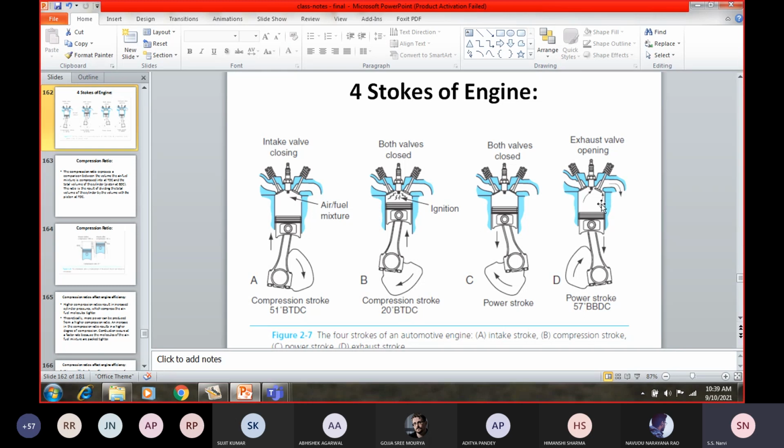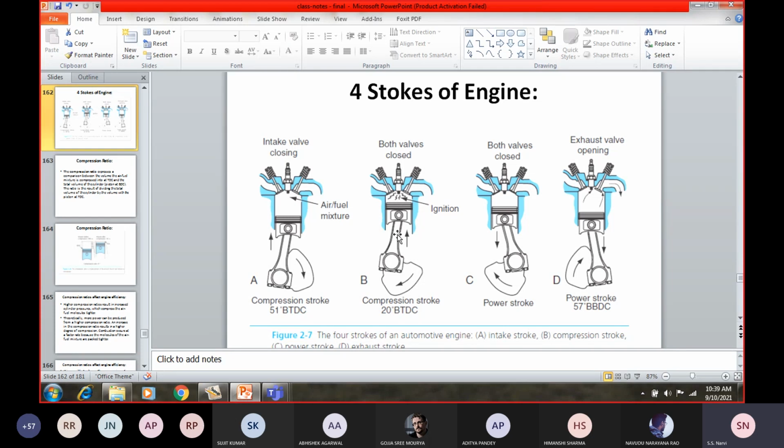The first cycle is completed, and then in the second cycle, whatever unburned fuel is remaining, or in a fresh fuel, if normal heptane is more, for example, then what will happen? Due to the compression, that is the extra pressure, the fuel will be ignited before the spark from the spark plug.